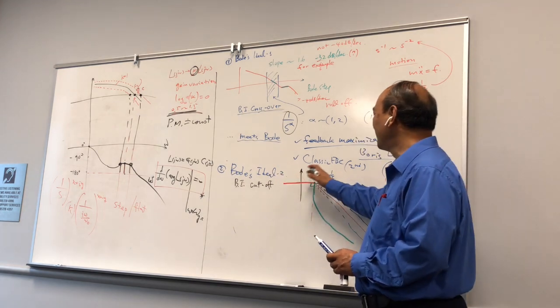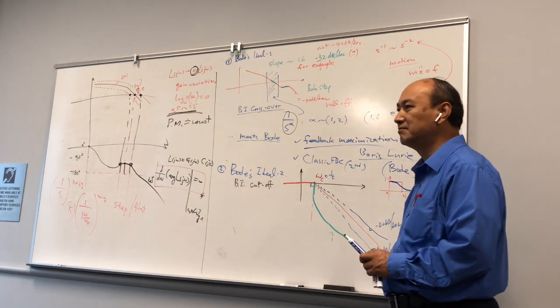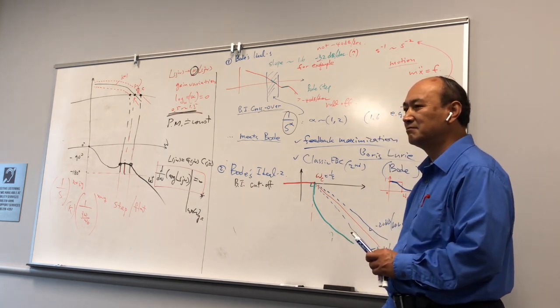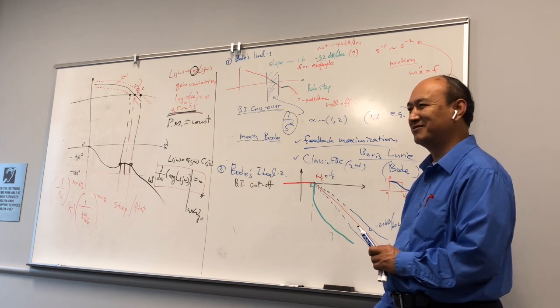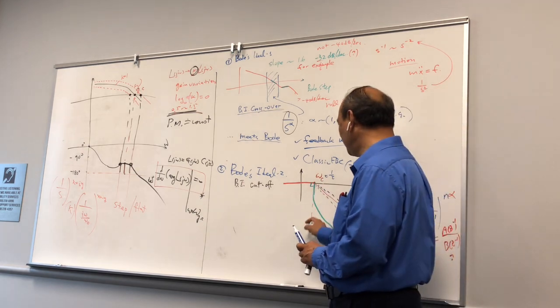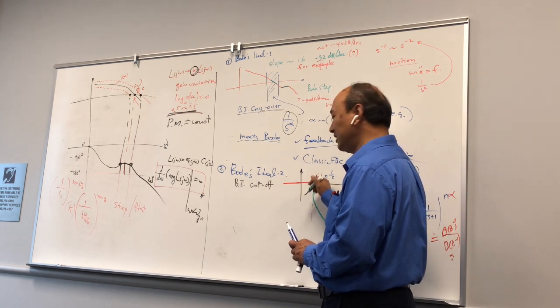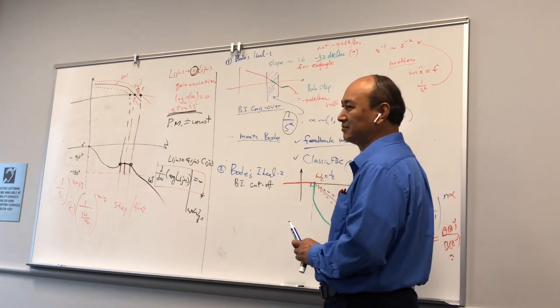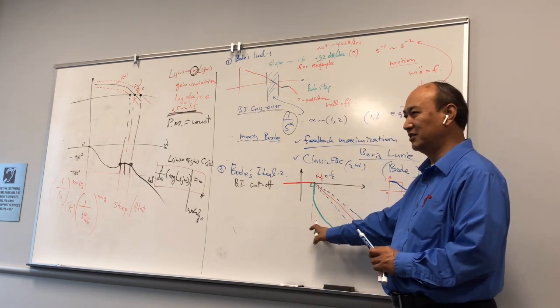So he said, can I do this? This is called Bode's ideal cutoff. He cannot do this 100% ideal, but he can do a little bit, then come down like this. That's called Bode's ideal cutoff. Okay?